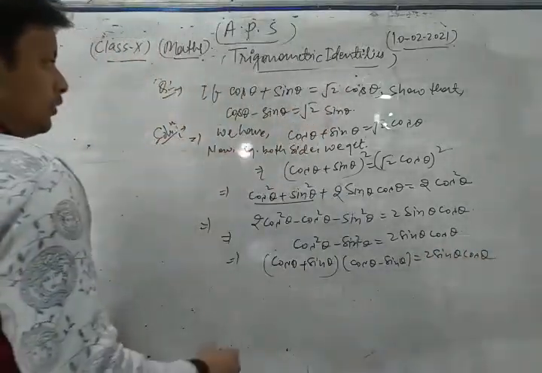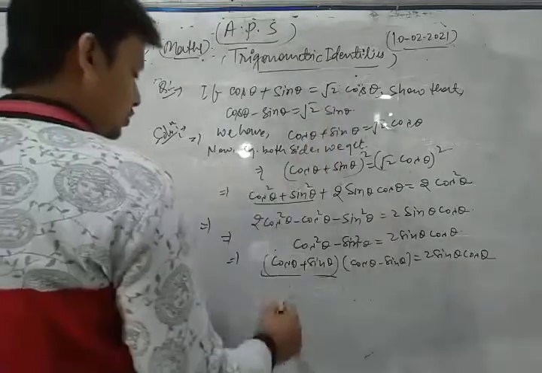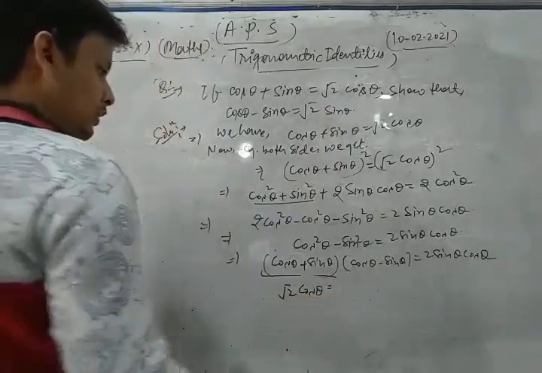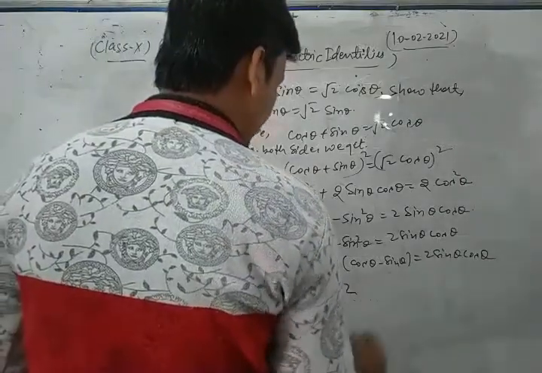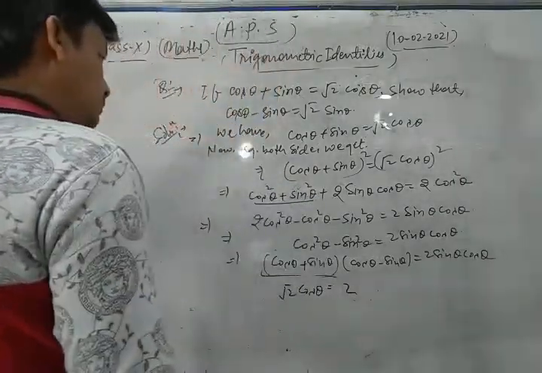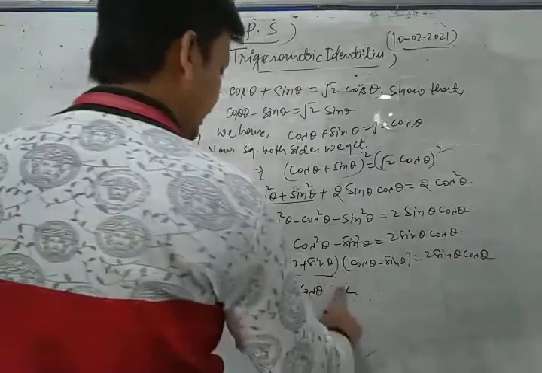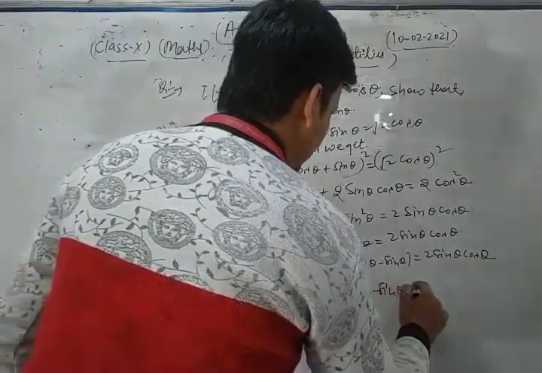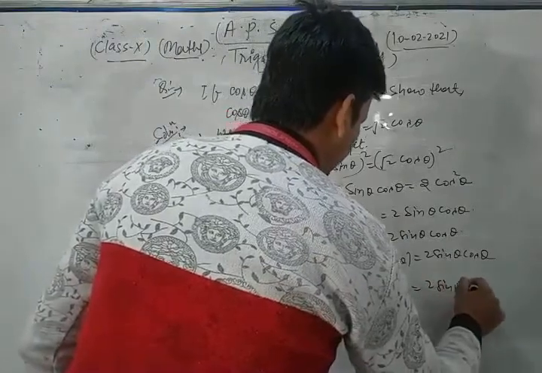Now we put the value of cos theta plus sin theta as root 2 cos theta, so root 2 cos theta into cos theta minus sin theta is equal to 2 sin theta cos theta.